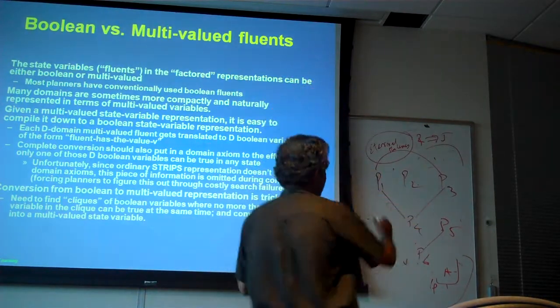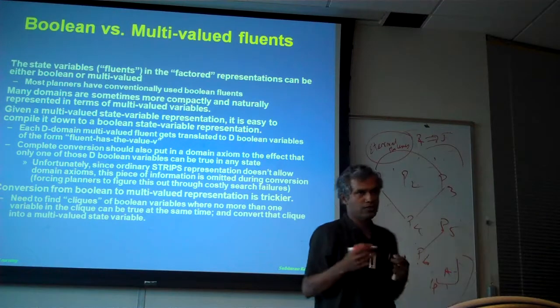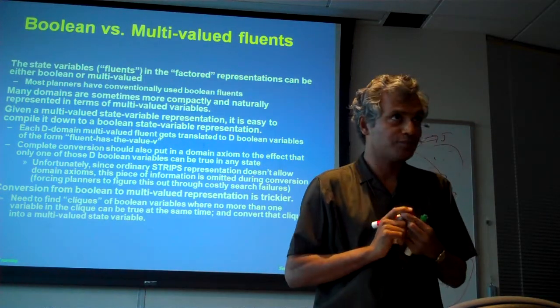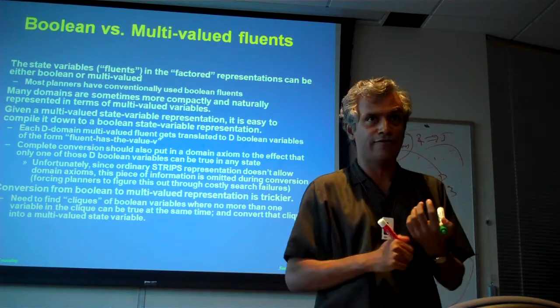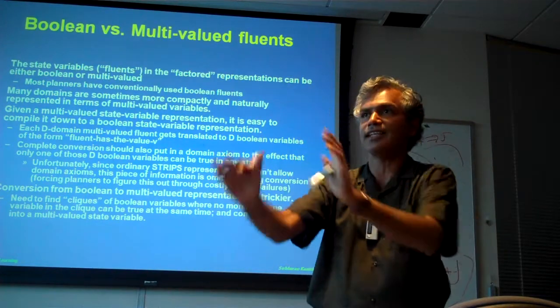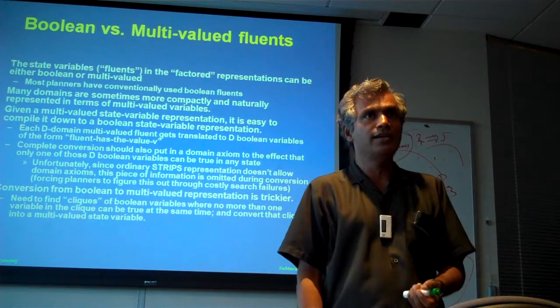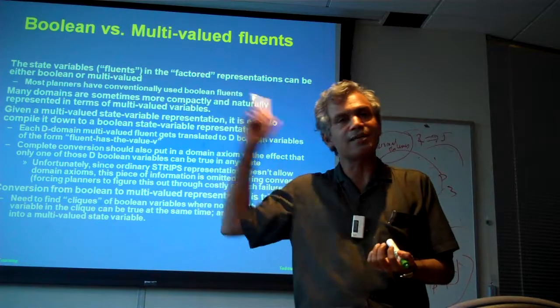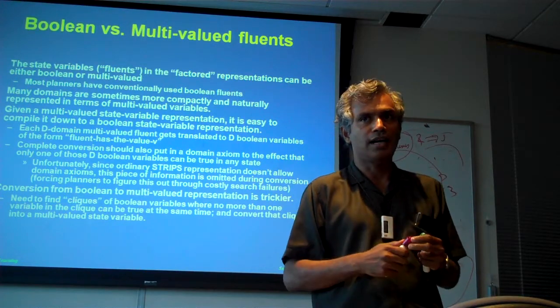Now this kind of analysis will find eternal mutual exclusions between pairs of variables, and then find the cliques in the graph, and say for each clique, call it a multi-valued state variable of the size of the clique. Okay, and then run the planner which uses this representation.